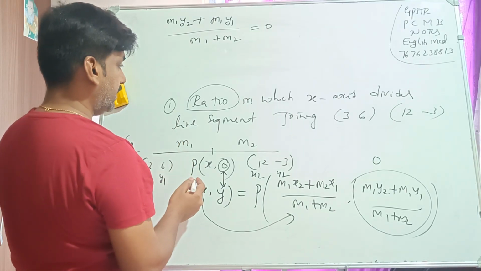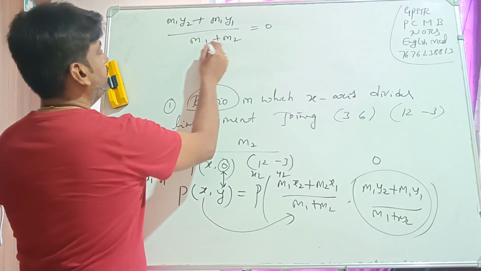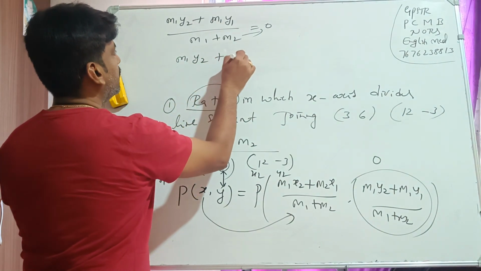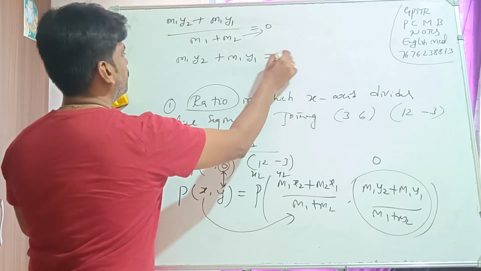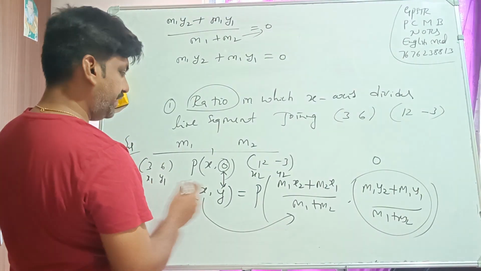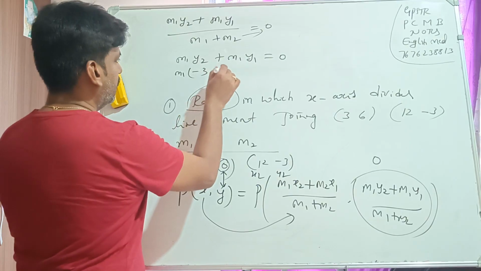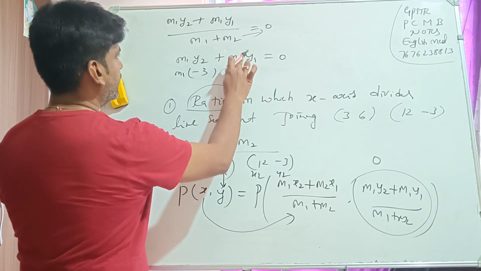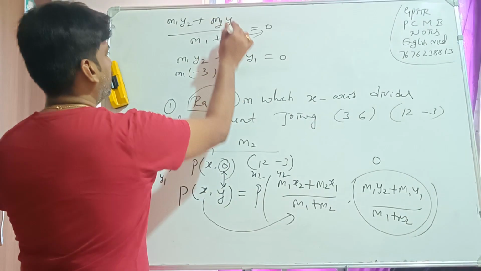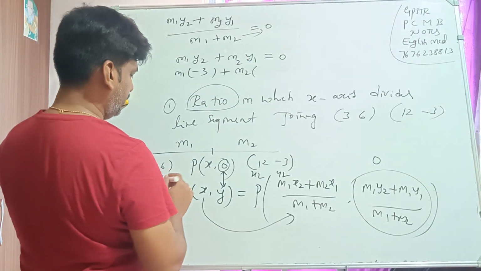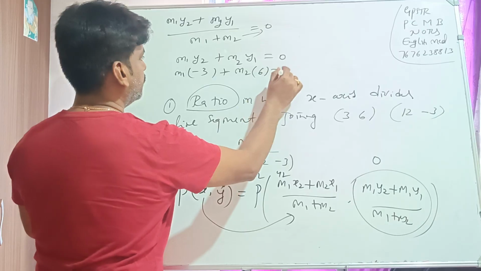You can cross multiply this, so you will get m1 y2 plus m2 y1 is equal to 0, right? What is the value of y2? y2 is minus 3. So I will write m1, and m2. What is the value of y1? y1 is 6, equal to 0.